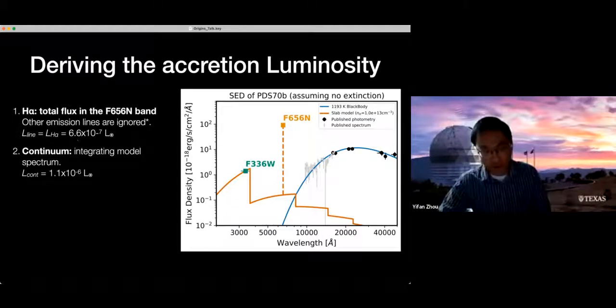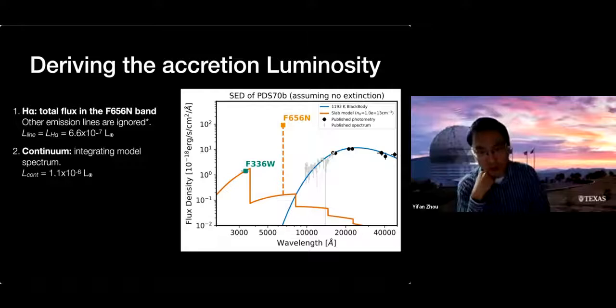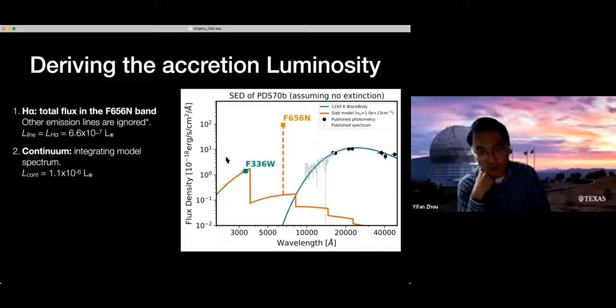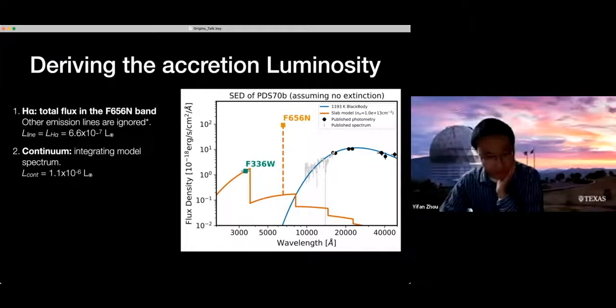For the continuum part, we use this plane-parallel hydrogen model as a bolometric correction for the U-band photometry, so that we integrate the total amount of flux within that model and calculate the amount of luminosity corresponding to this continuum model to get the continuum luminosity.